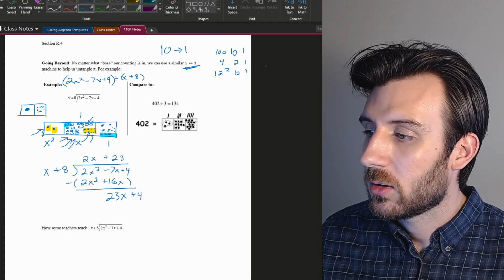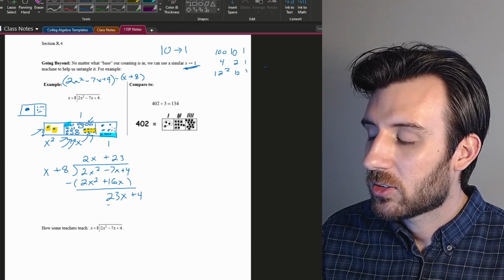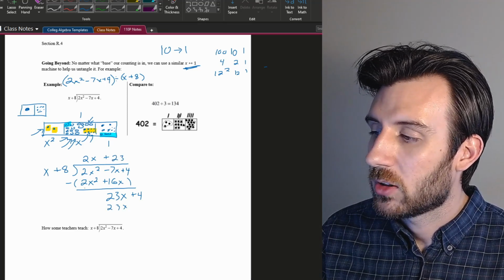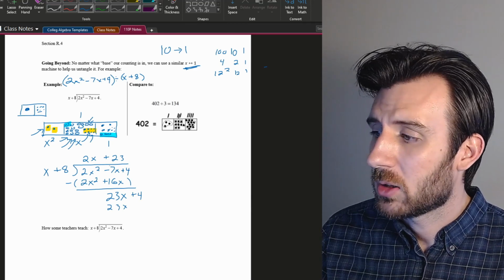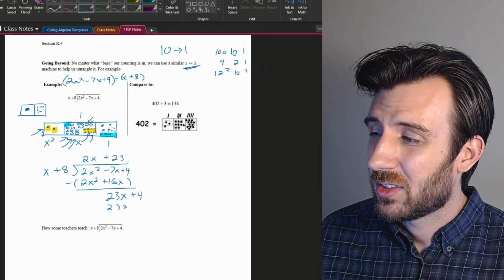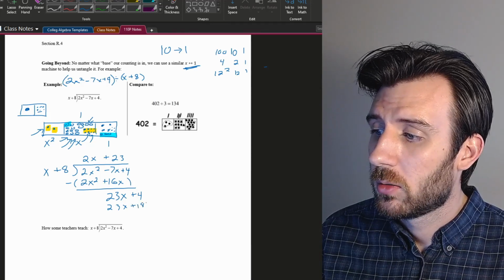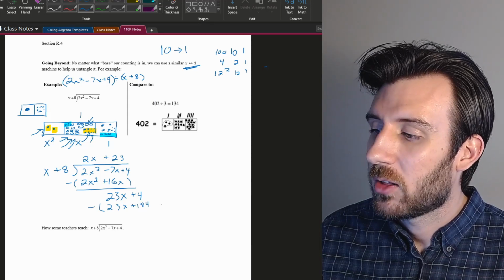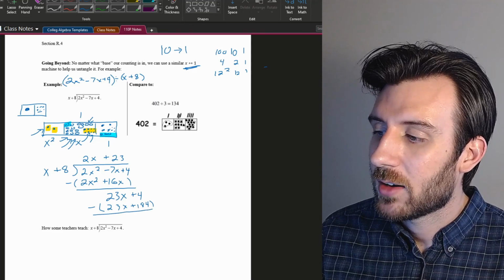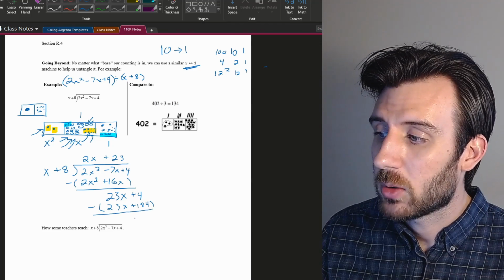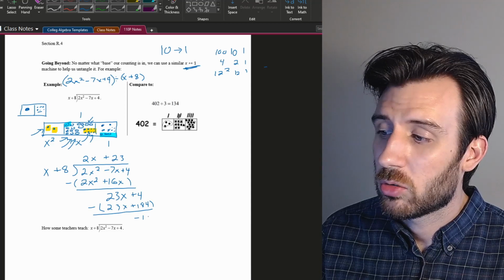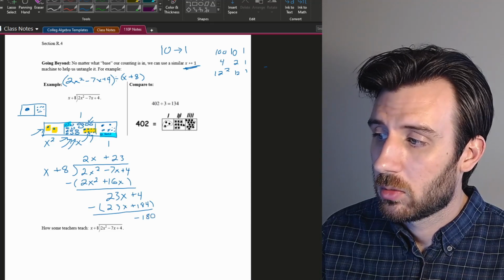I'd put 23 times x gets me 23x. 23 times 8 gets me, that'd be 160, and then 24, so 184. And trying to balance all of that, I would have a number of anti-dots that would be created, and that would leave me with negative 180.